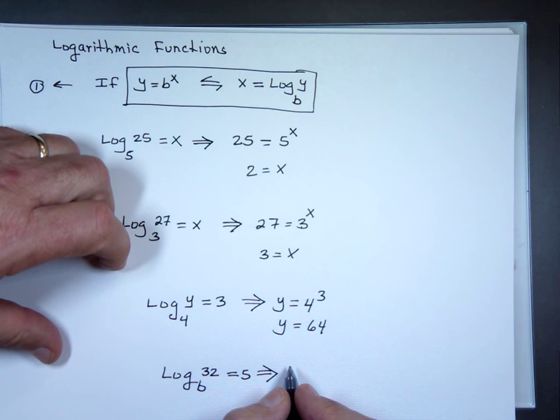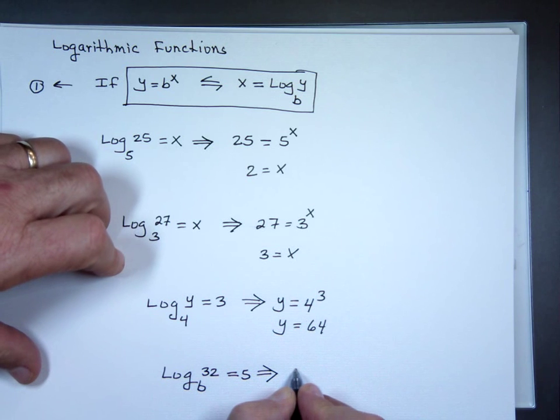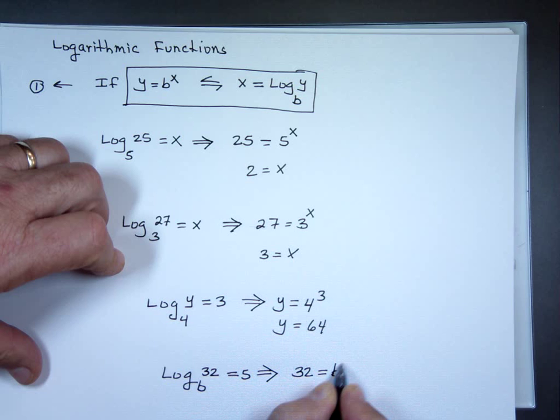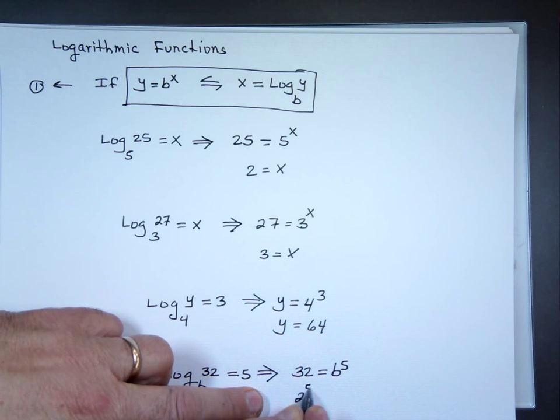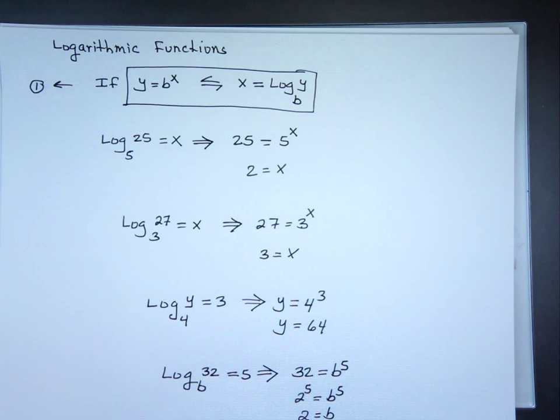No, never mind. 2? Yep. Because you can write that 32 equals the base, which is unknown, to the power of 5. Well, 32, can you write the 32 as something to the power of 5? Isn't it 2 to the power of 5, 32? So b must be 2. So I'm lucky that I can take the 32 and make it 2 to the power of 5.